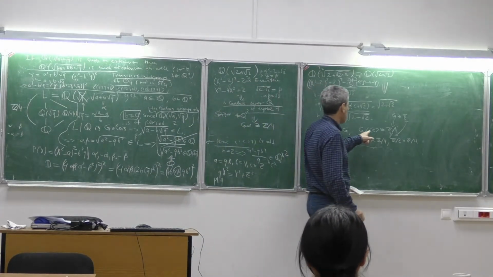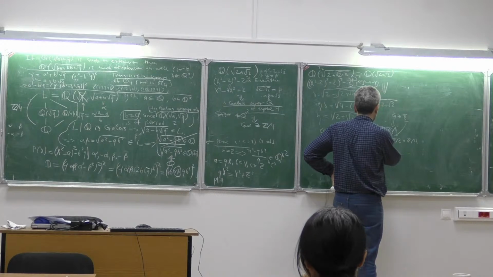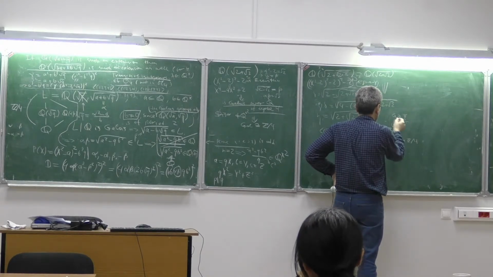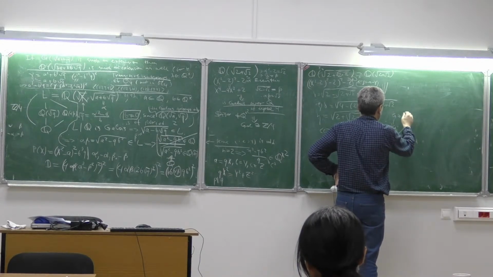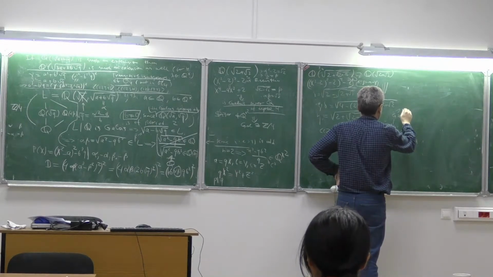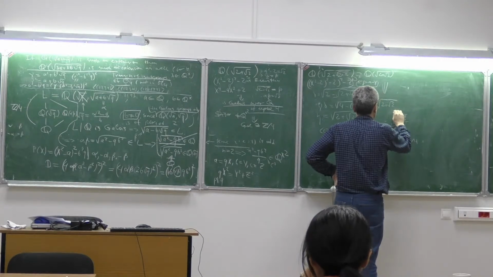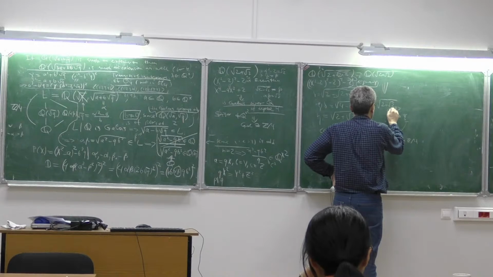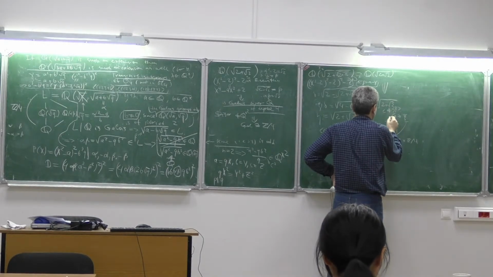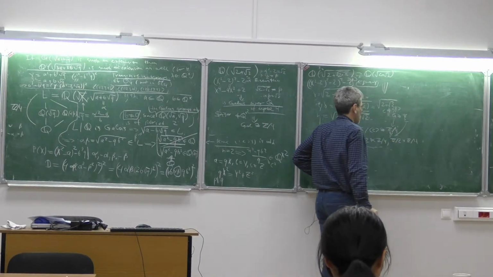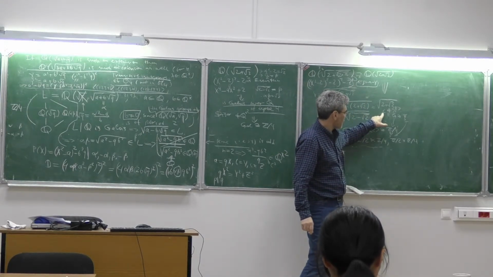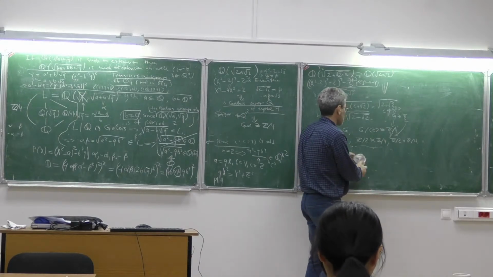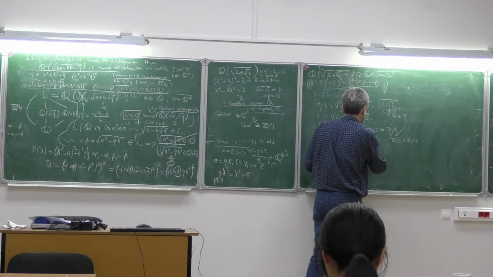So C, you see, here we have also C, so we have a subgroup generated by xi tilde, and C is not there. This means that this is just a direct product.